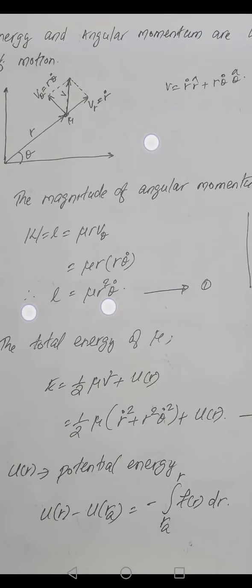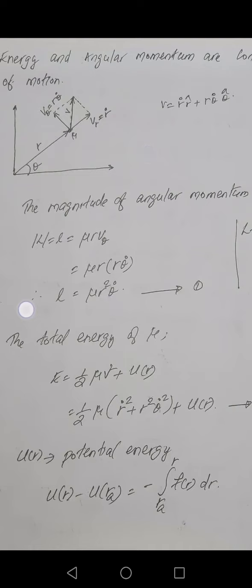Now the second property: energy and angular momentum are constants of motion. Here we are going to give you the idea of orbits. Okay, let us see. So in polar coordinates, we have two components for this velocity, the radial component and the tangential component.